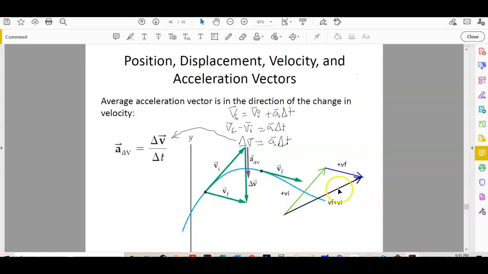But that doesn't help us, because what we have to do is subtract the initial velocity vector from the final velocity vector, right? And we've done that before. So in order to do what we need to do to manipulate this, we need to reverse this initial velocity vector.